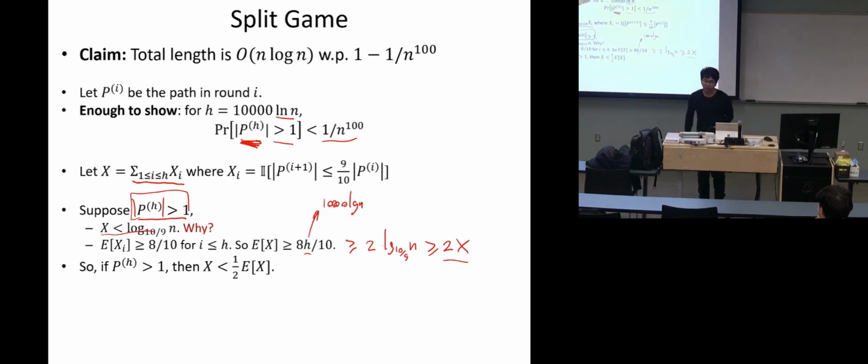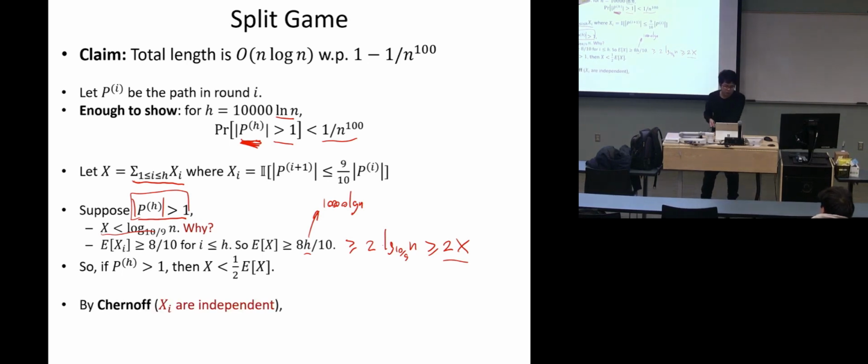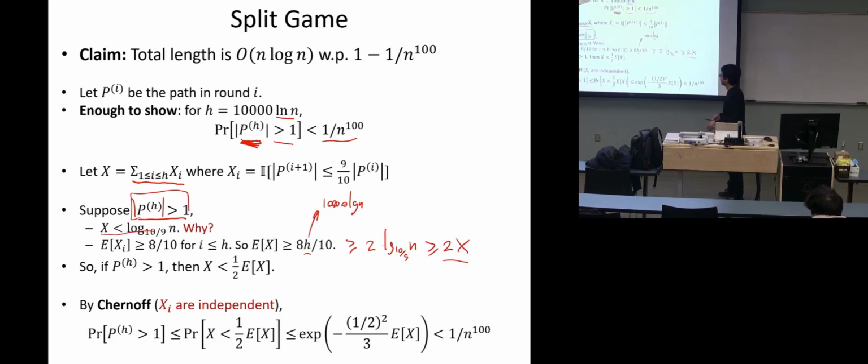So what do we do next? This shouldn't happen because x is much less than expectation. So we use the Chernoff bound. We have that the xi are independent, so the Chernoff bound is valid.